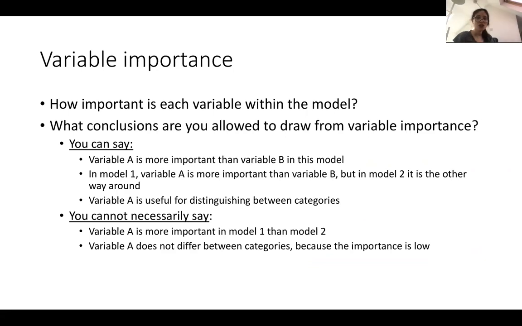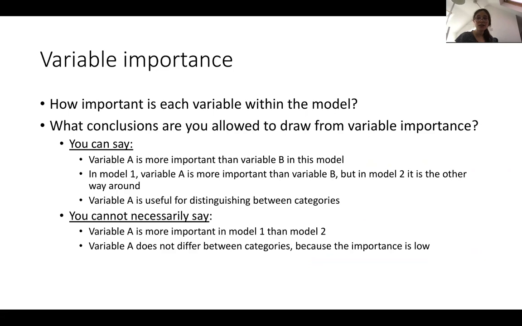For instance, you are allowed to say that variable A is more important than variable B in this model. You can also say, in model 1, variable A is more important than variable B, but in model 2, it's the other way around. You can also say variable A is useful for distinguishing between categories because it has a high variable importance in this model.